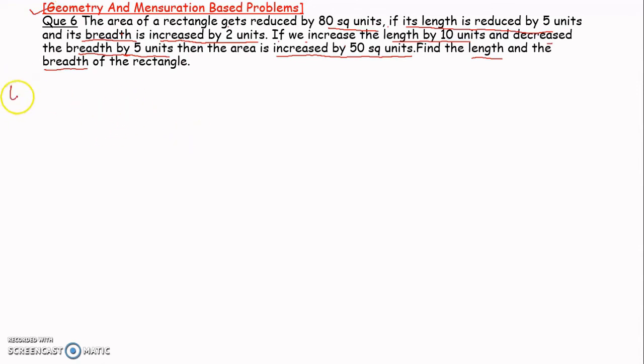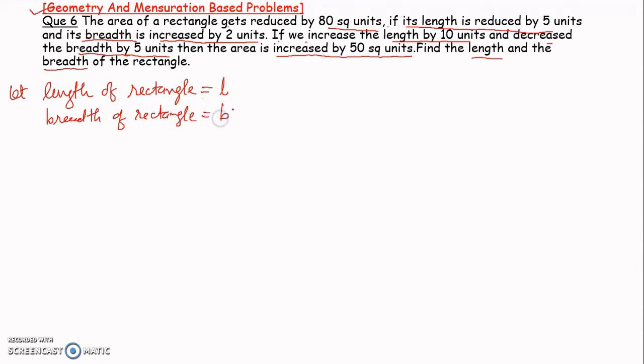Now here we'll assume that the original length of the rectangle is, let's say, L, and the breadth of the rectangle is, let's say, B. So this is the original length and breadth of the rectangle, right?